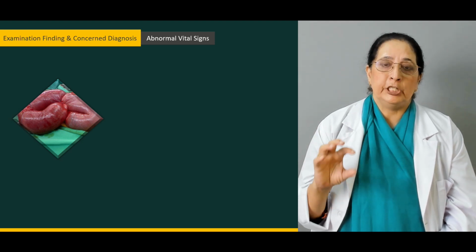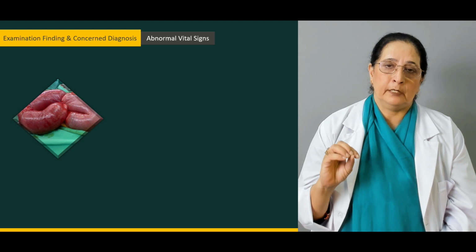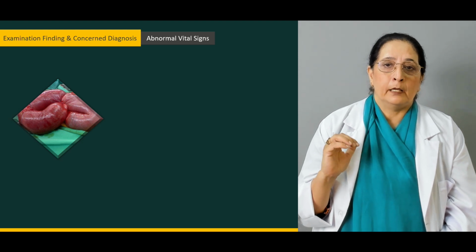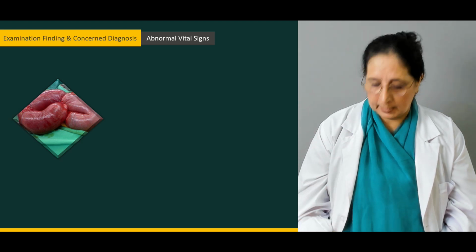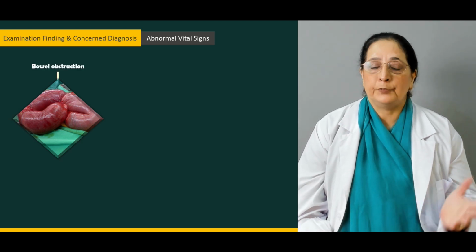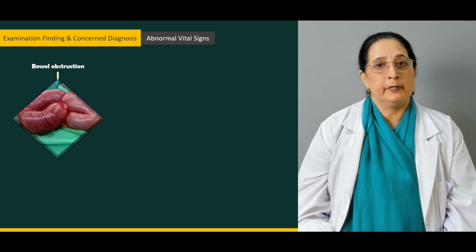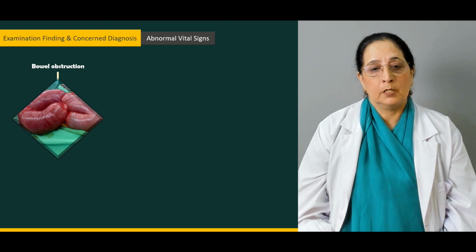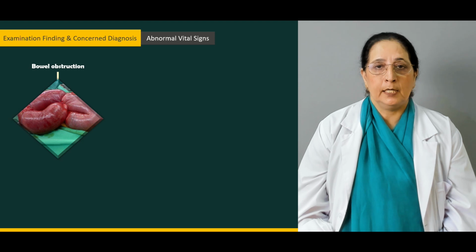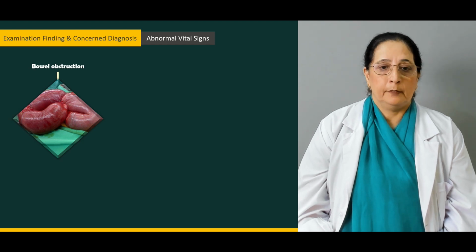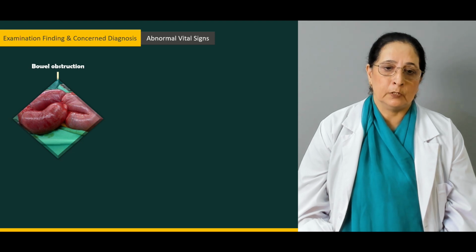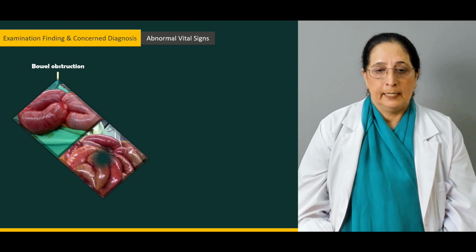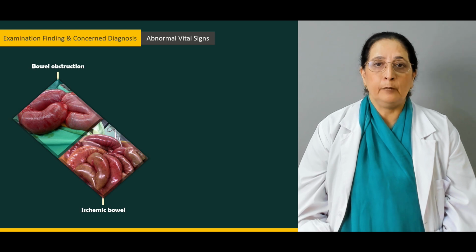Most of these conditions are associated with low blood pressure. So we can see bowel obstruction, which is very common and can cause a decrease in blood pressure. There might be tachycardia and tachypnea present. Then we have ischemic bowel.